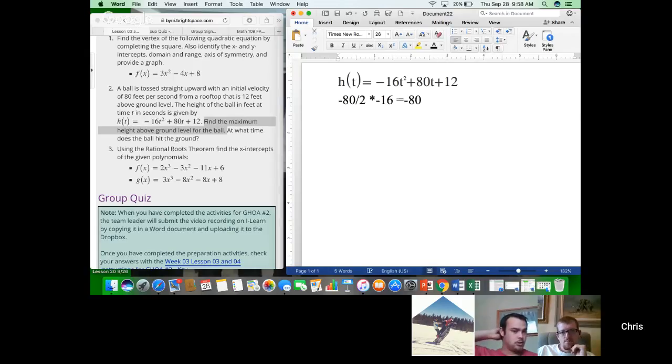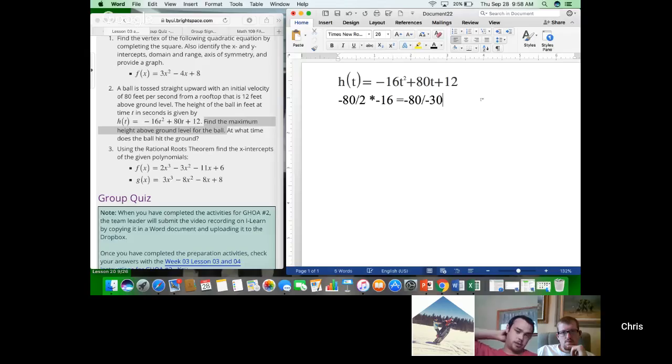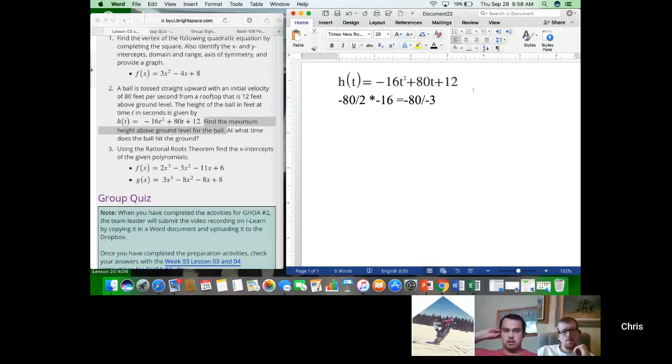Oh, I got it now. You could divide that by, no, negative 32. Dang it. Almost. Divided by 4, you've got 20 over 8, and then divide that by 4 again, you get 5 halves.